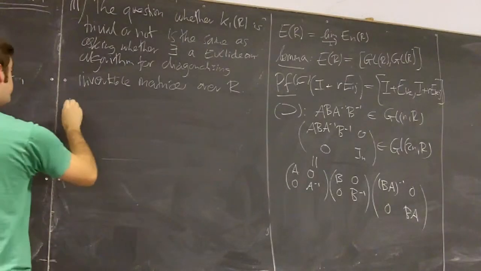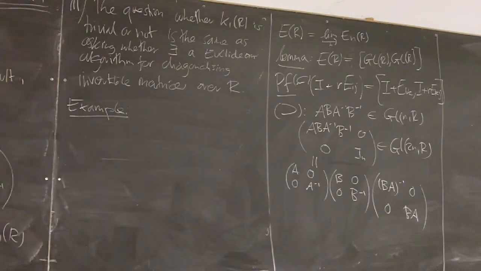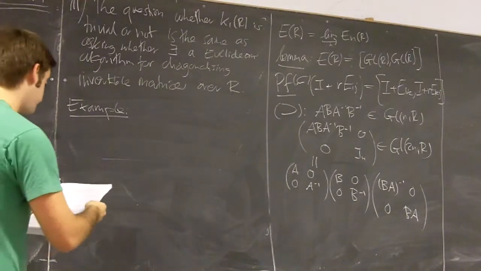So, for example, we saw we can always do this over the integers to get plus or minus 1 down the diagonal. This is what we saw last time with the s-cobordism theorem.